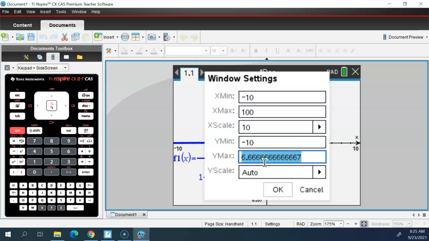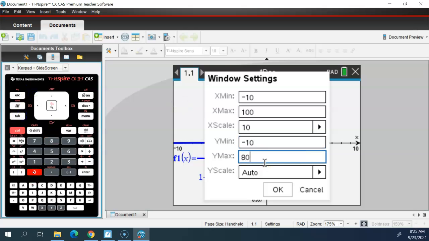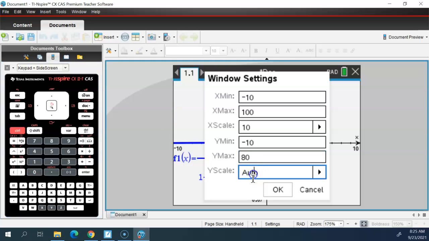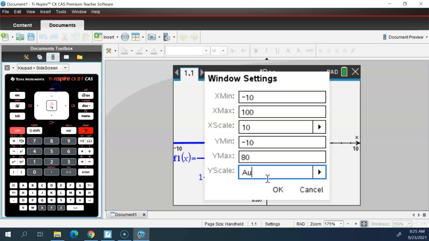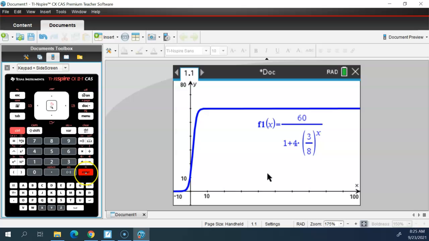Here we need to go up to at least 60, so I'm going to go 80. And there is our logistic function. Starts out, grows exponentially, and then levels off.